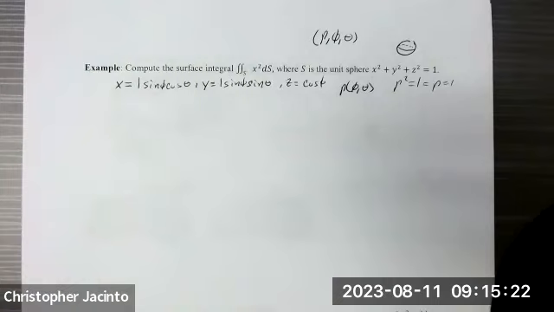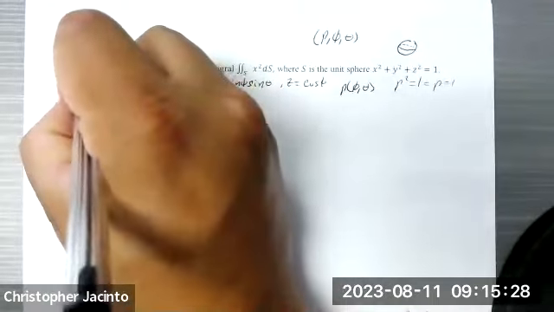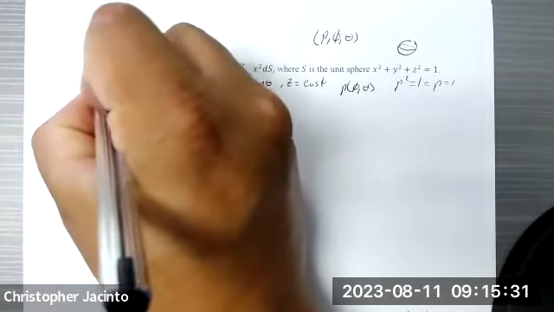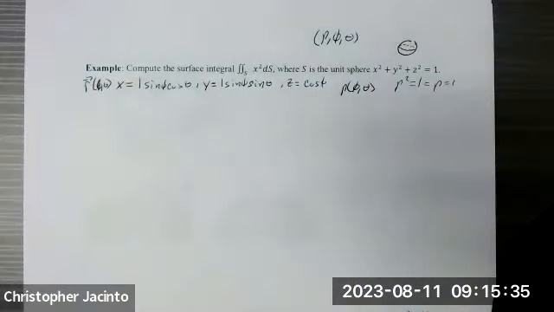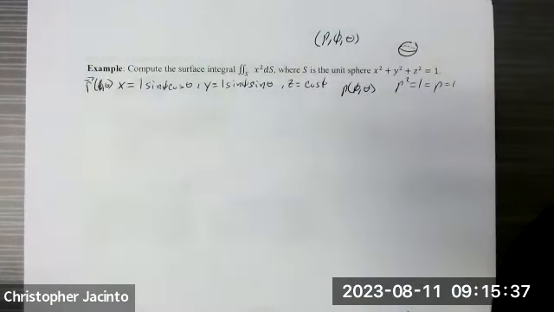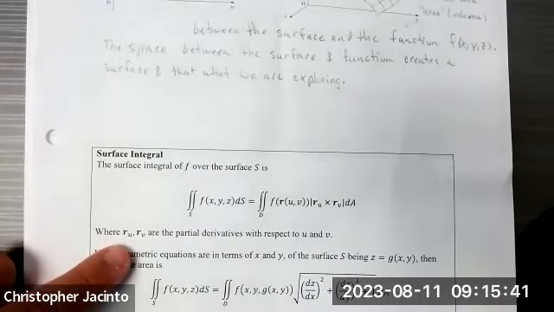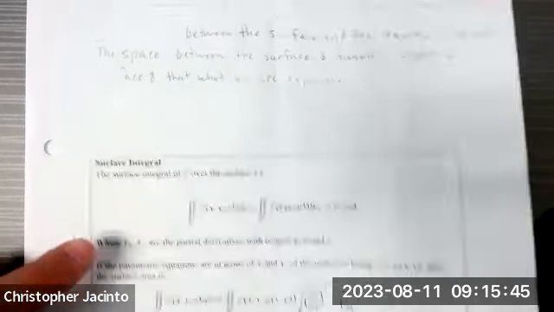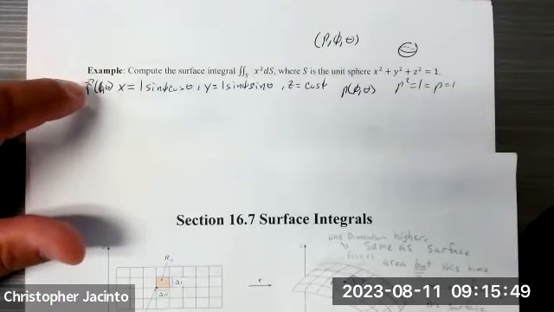So this is basically our vector r with respect to phi and theta, and the next thing we have to do is find the partial derivatives with respect to both variables. In this case, u and v will be theta and phi.